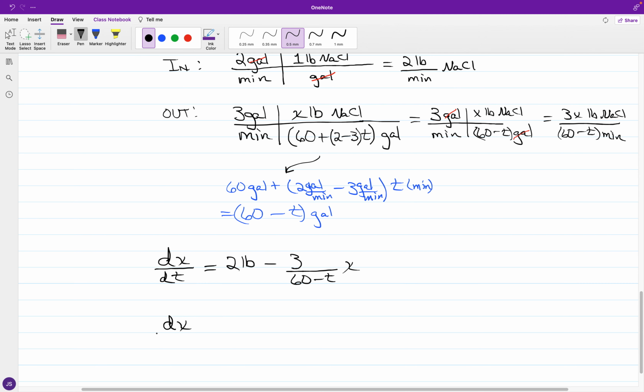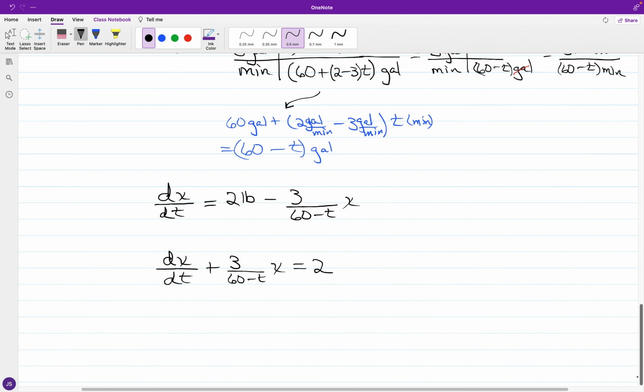And if I write in standard form, now here we're using X and T as opposed to just Y and X. So this is our first order linear differential equation regarding the amount of salt changing throughout in this tank.